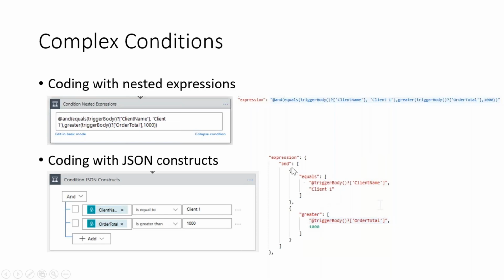So I have an And here in that JSON construct, and then I have the equals expression to make a comparison between the value that came through the trigger and a constant value that I have here. And then I have a second one. So it's quite different, the way we build those expressions.